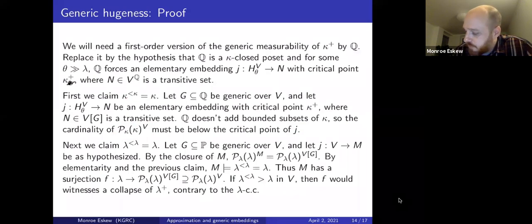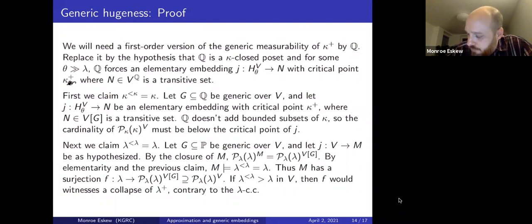Okay, now the next claim uses the hugeness embedding. This part uses, of course, just the generic measurability embedding for kappa plus. Now we apply elementarity with the hugeness embedding to move GCH up to lambda. So the argument is just this.